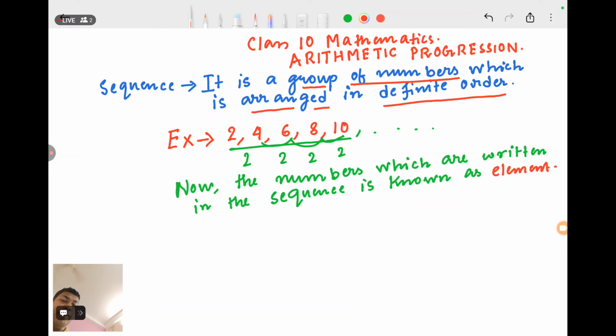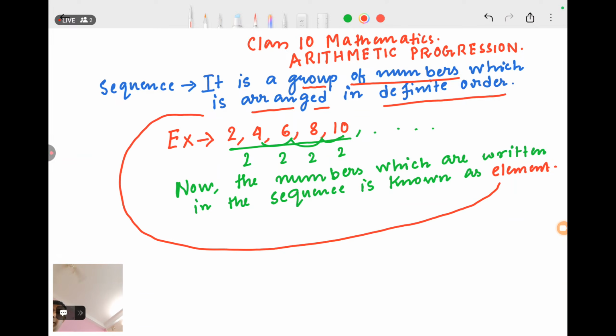If you see the previous example, the elements are 2, 4, 6, 8, 10 and so on. The elements are only the numbers written in the sequence.